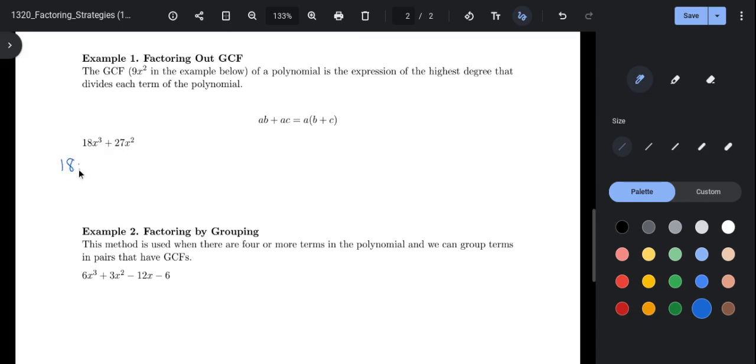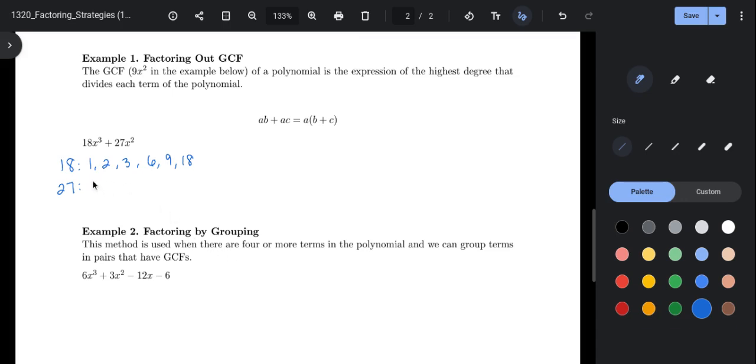So I'm going to write all possible factors for these two numbers. So first off, to multiply to get 18, I could have 1 and 18. We could have 2 and 9. And we could have 3 and 6.